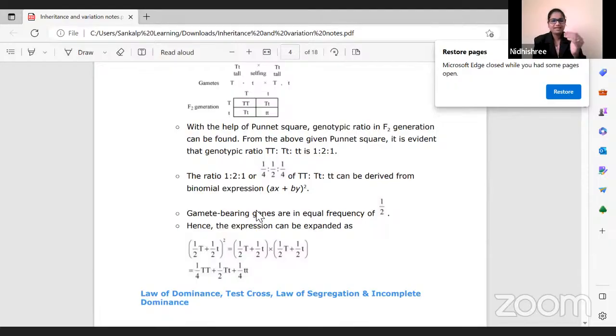The ratio of 1:2:1 can be derived from a binomial expression, (ax + by) whole square. This is a new thing, right? It is hard to remember this, so it is derived from the binomial expression (ax + by) whole square. Gamete bearing genes are equal in frequency of 1/2. Here, look children, 1:2:1 we can write as 1/4, 1/2, 1/4.